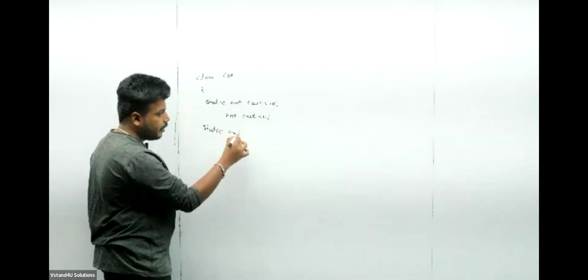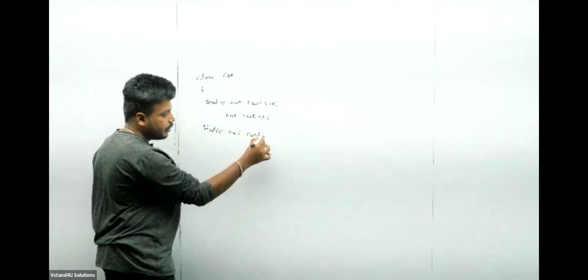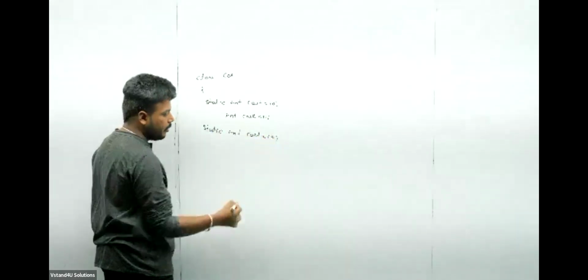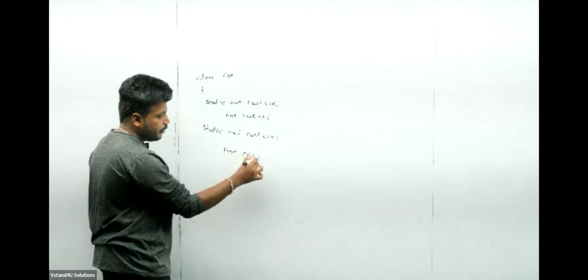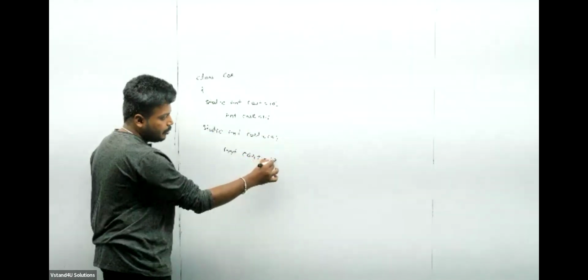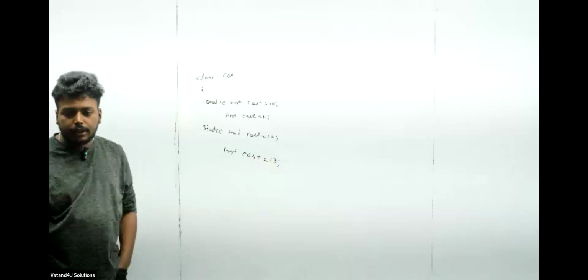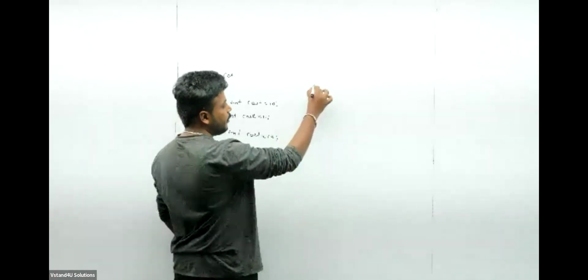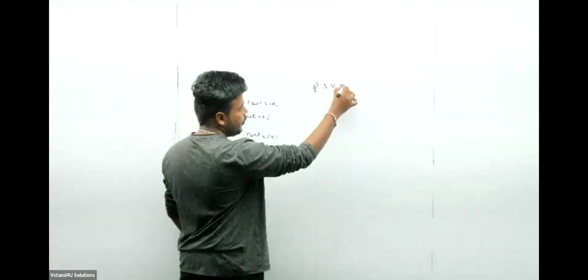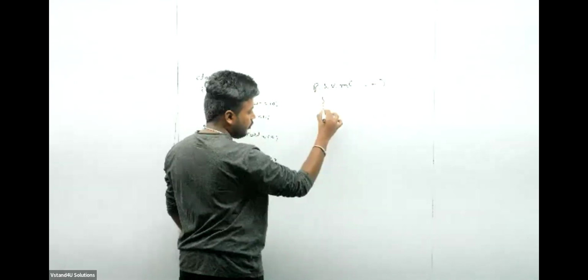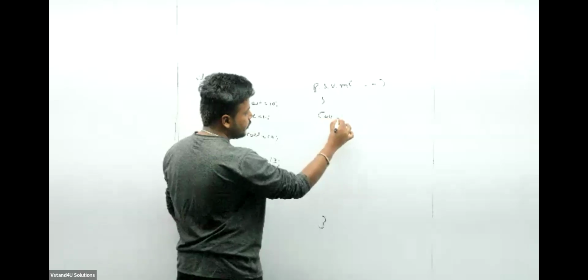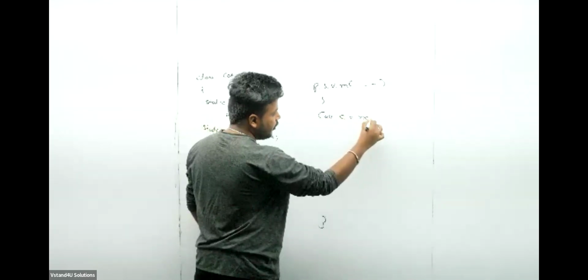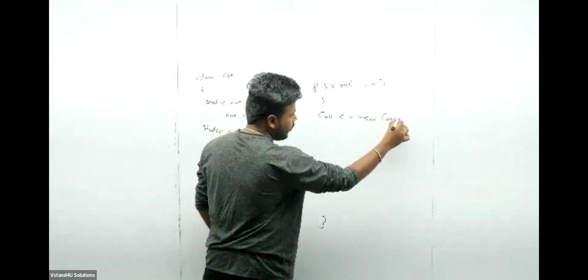Then again I'm taking static int cost is equals to 12. Again I'm taking int cost is equals to 30. Then in the main method, public static void, for non-static I should create the object: Car c is equals to new Car.